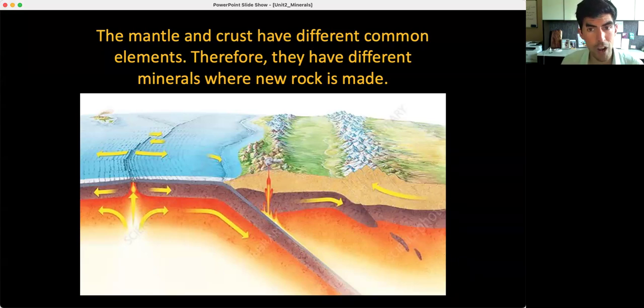And so the crust for the oceans is going to look different because it was formed by magma from the mantle. It is going to look different from the magma and crust that goes into forming the continents. The continental crust is going to look much like the overall crust in general, but the magma that contributes to the crust for the oceans is going to look very similar to the composition of the mantle.